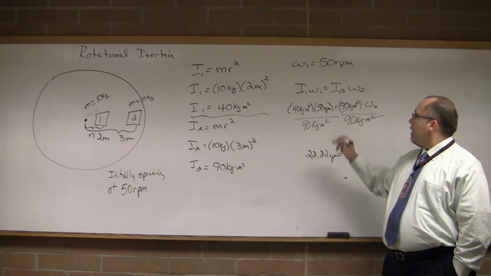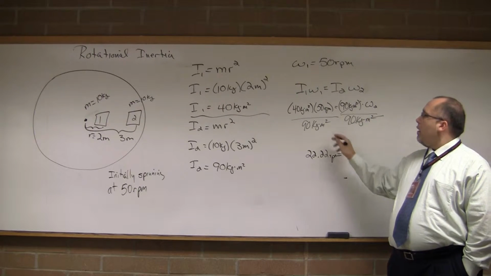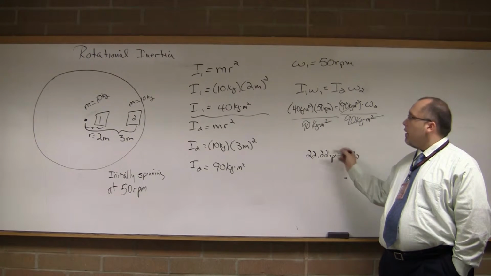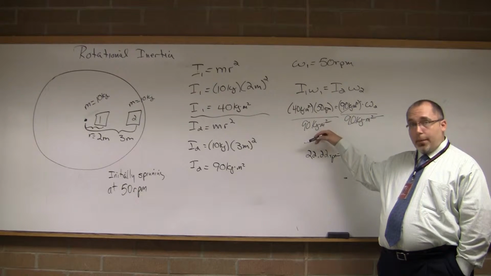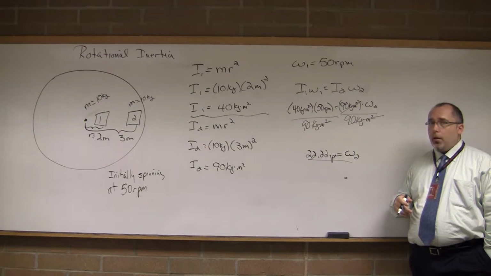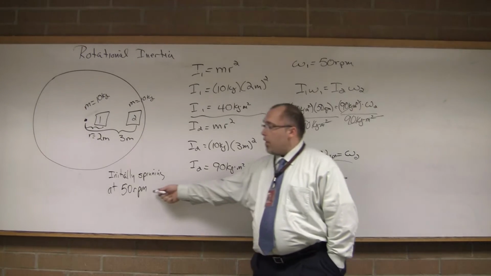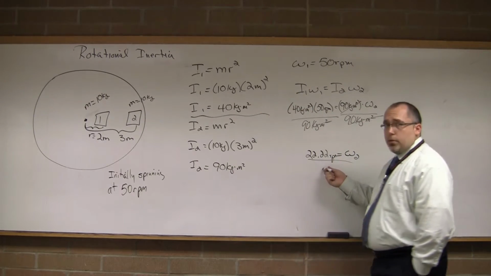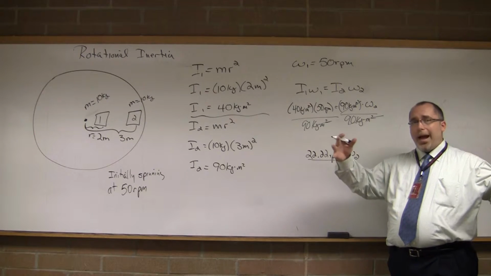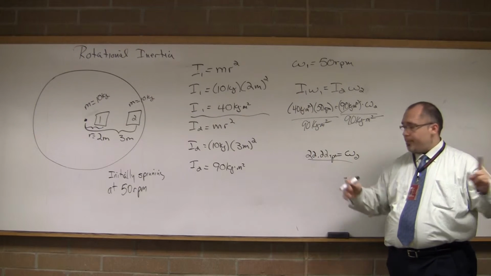So basically these cancel out, and you're just left with omega 2. The kilograms meter squared cancel out, so you're just left with RPMs. And 40 times 50 divided by 90 gives us 22.22 revs per minute. So it's slowed down from 50 revs per minute to 22 and change revs per minute. That's because the kid moved outward toward the outer edge.